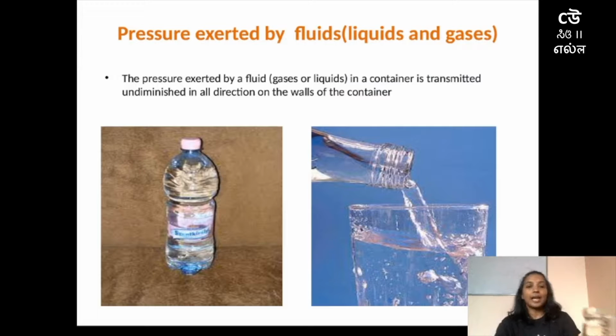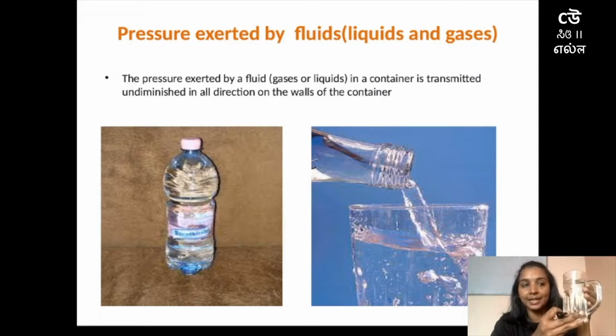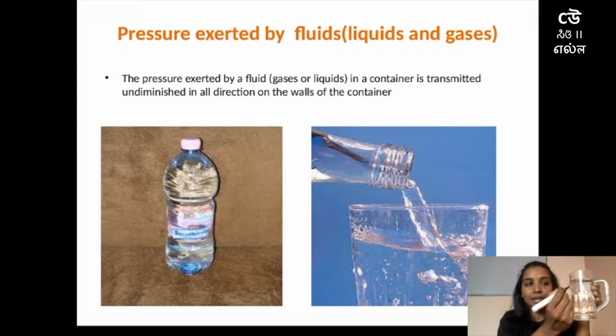I have a glass of water. Whenever we measure the pressure created by the liquid inside this container, we consider the liquid in different layers. For example, this is one layer, this is another layer, and this is the bottommost layer.